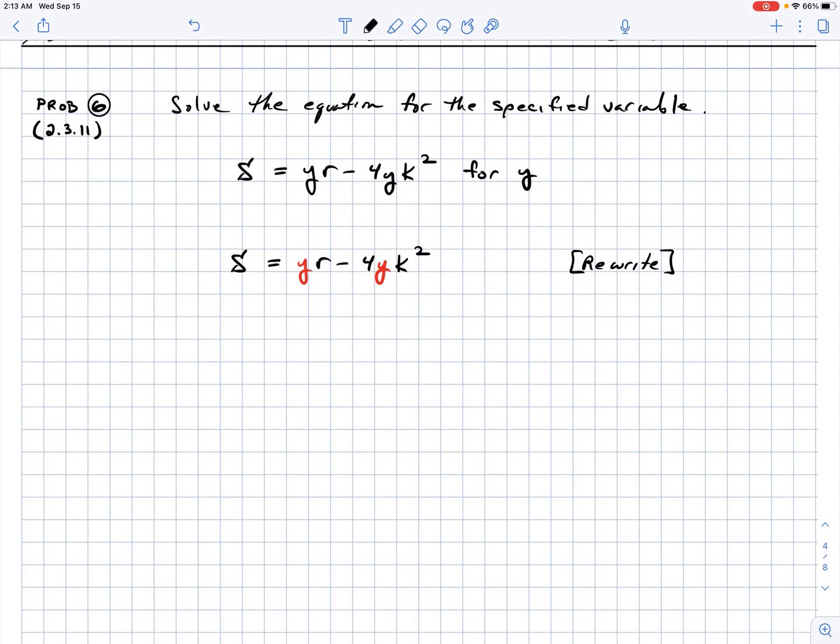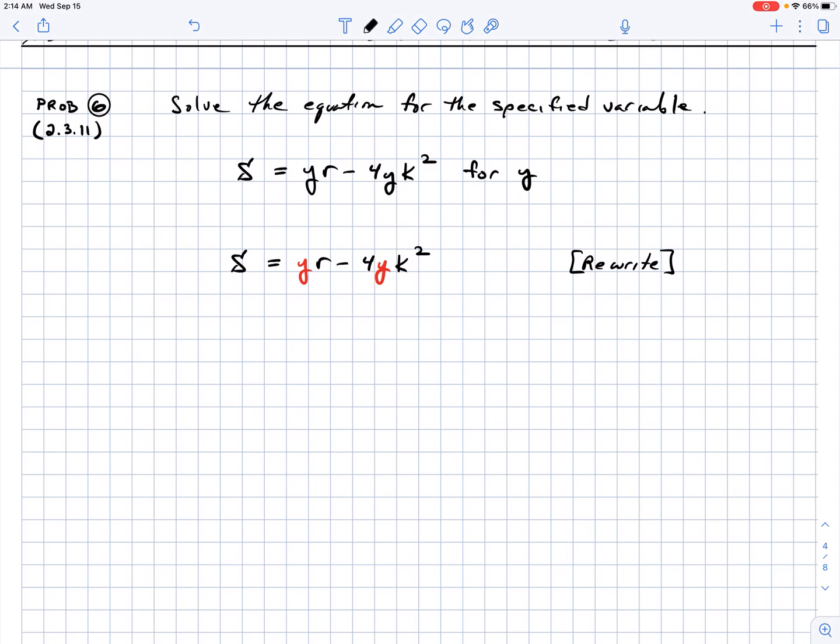So I rewrote the problem, and I'm trying to identify the variable of interest. The key thing that comes to mind is I see 2 y's in 2 terms. So that means I can take one of those y terms from each one of those major terms, in this case the yr and the 4yk squared. Now that may sound a little complicated, but do you see 2 y's?